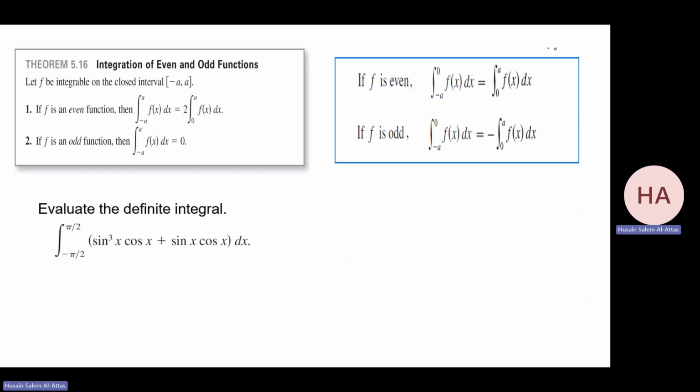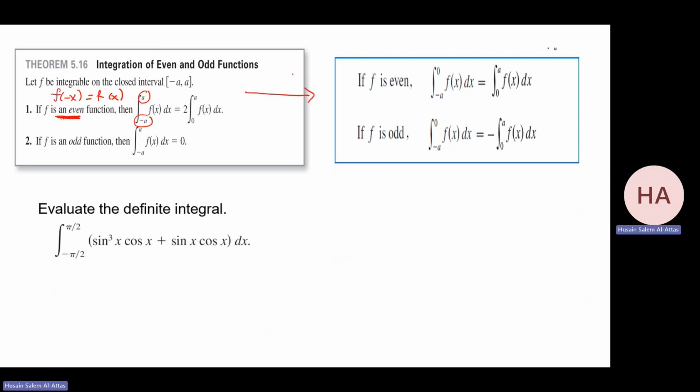Now, using this idea of substitution, they notice one thing. If the function is even, meaning f of minus x equals f of x, then the integral from minus a to a, not from any value to any value, but from minus that value to the same value, of f of x will be 2 times the integral from 0 to a of that function.